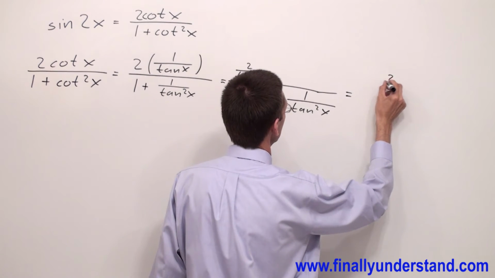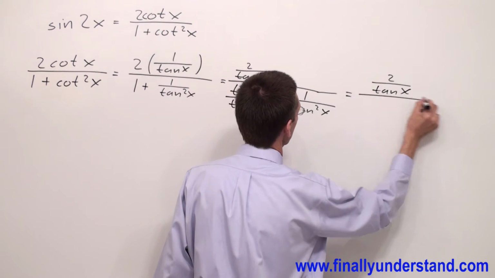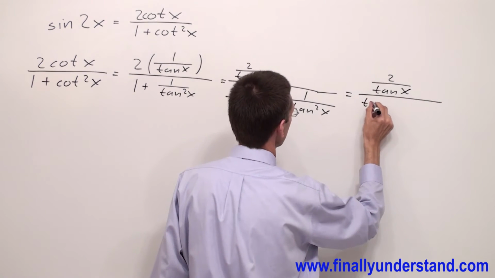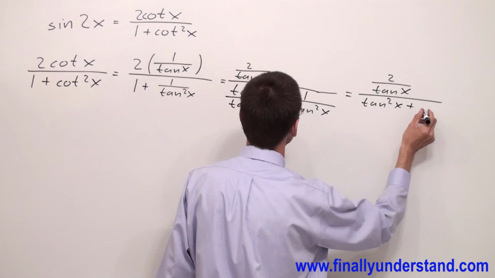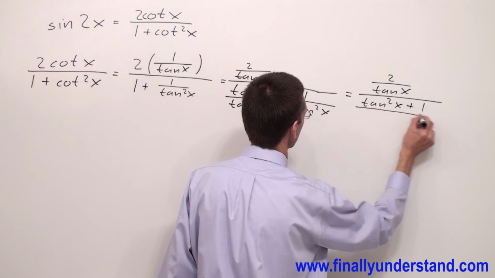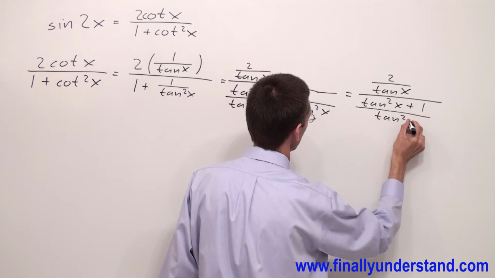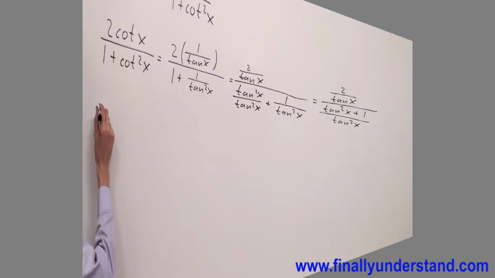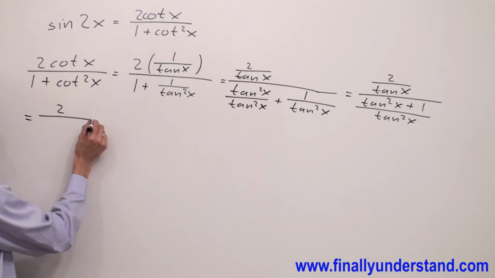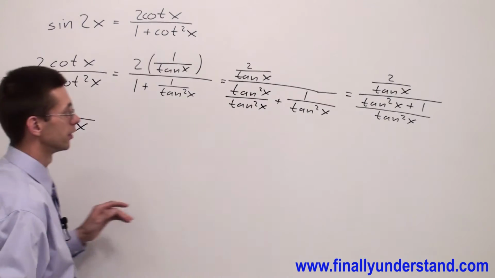I have 2 over tangent x over tangent square x plus 1 over tangent square x. This is equal 2 over tangent x.